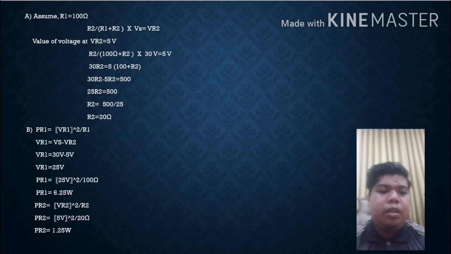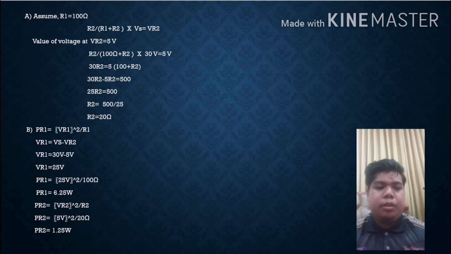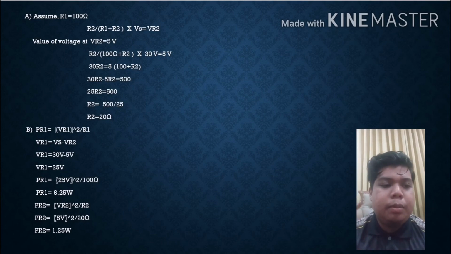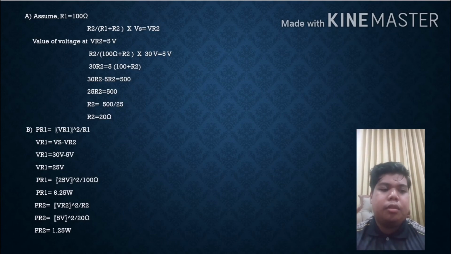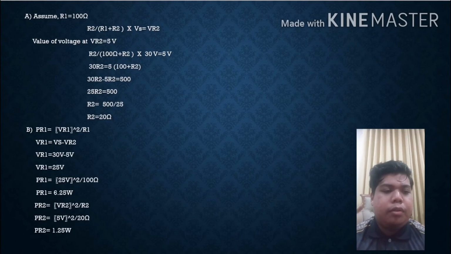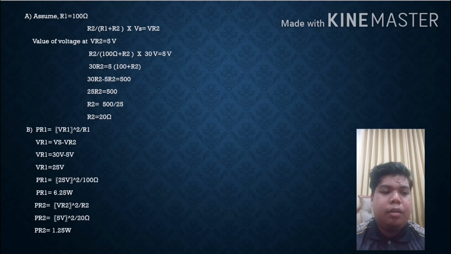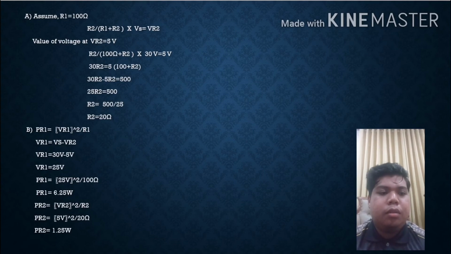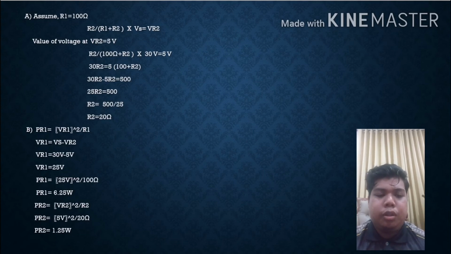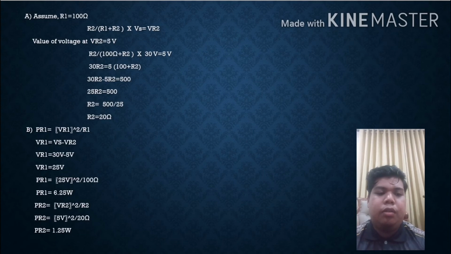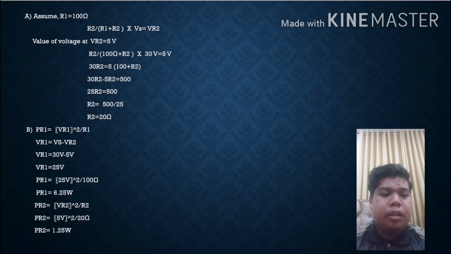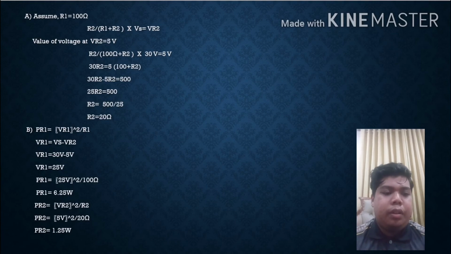For question B, find the maximum power dissipated at R1 and R2. So to find power, we use V squared over R. We enter the values and get the final answer.